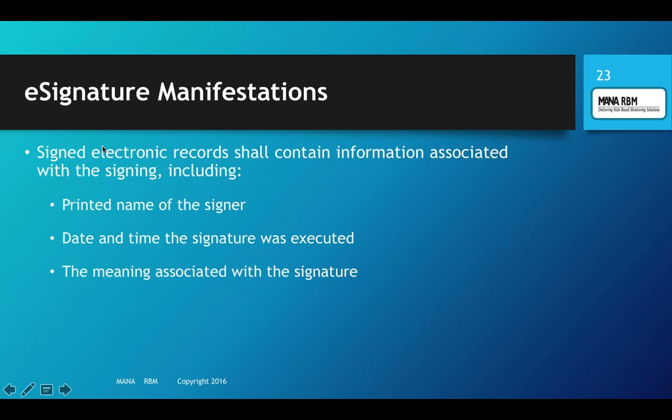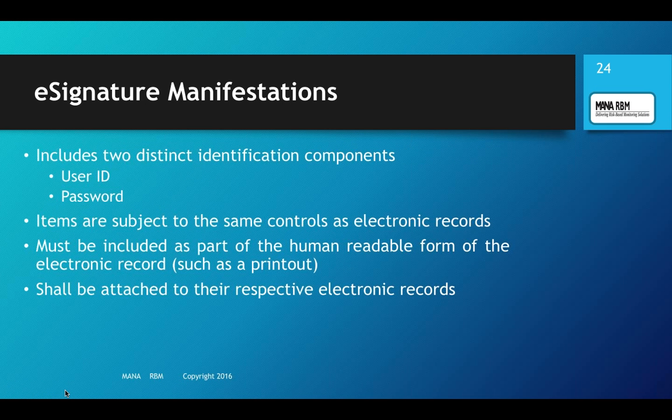So if you download and print that document, you can see that information on there. So that's a check that you want to be able to do, because that's all tied with part of the 21 CFR Part 11 requirements. So remember, you need to have two distinct identification components, and in most situations, that's a username and password.